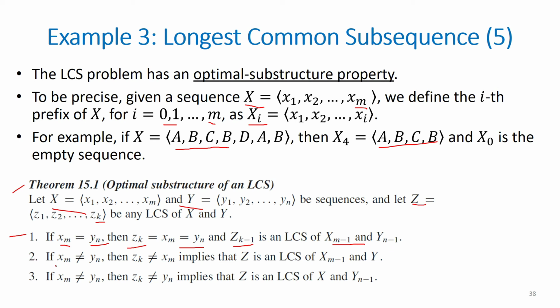Or, if the elements xm and yn are not equal, and the element zk is not equal to xm, then this implies that Z is an LCS of prefix xm-1 and the sequence Y. Or, if elements xm and yn are not equal, and zk is not equal to yn, then this implies that Z would be an LCS of the sequence X and the prefix yn-1.